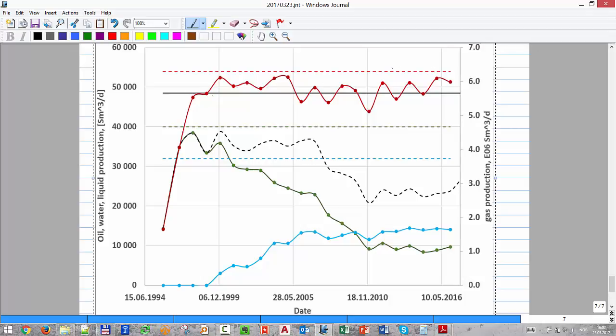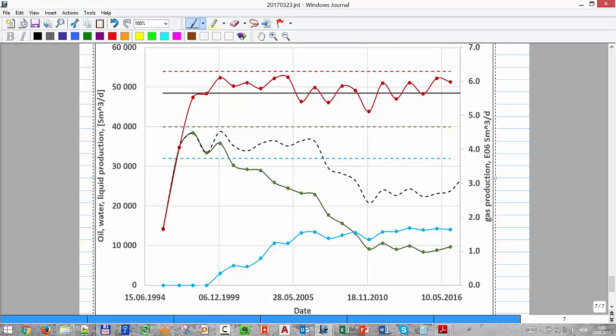And you see here these dashed lines, they are the limits that you have. That's the maximum gas processing capacity. Then you have the maximum water processing capacity and the maximum oil processing capacity. And liquid, okay? So we can include those, for example, when we calculate our production profile, we can include those like a limit.